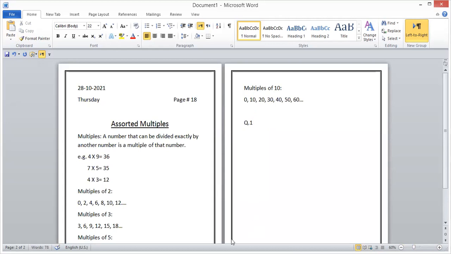Question number 1 is, write the first 5 multiples of 2, then 3, then 5, and then 10.